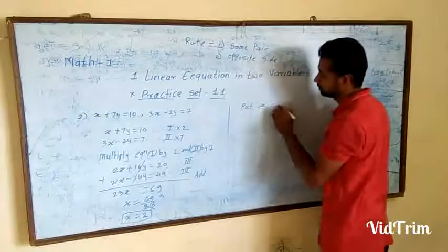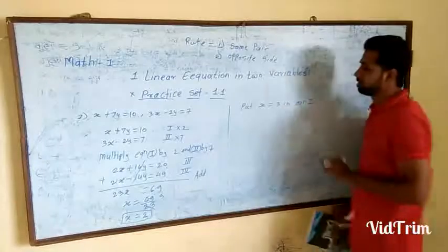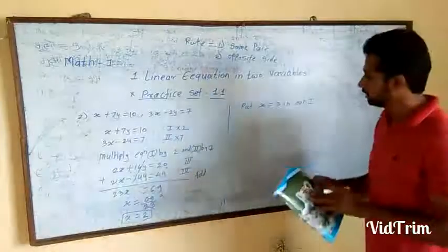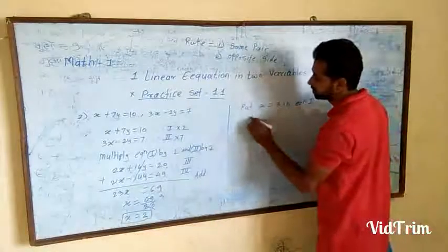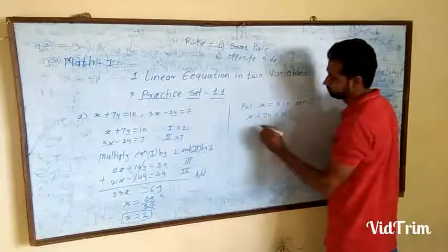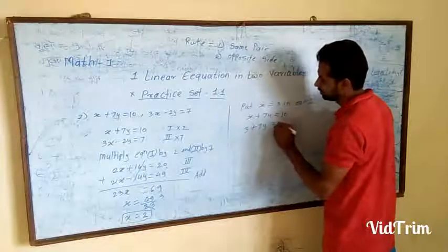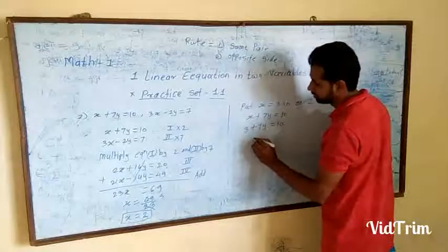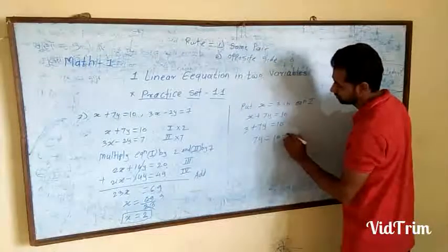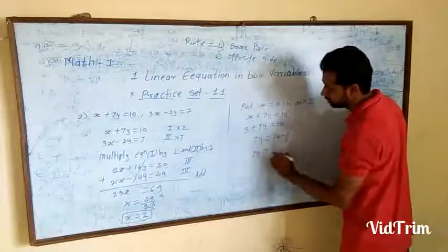x is equal to 3. When we put this value in equation 1, what is equation first? x plus 7y is equal to 10. The x value 3 plus 7y is equal to 10. 7y is equal to 10 minus 3, which is 7.